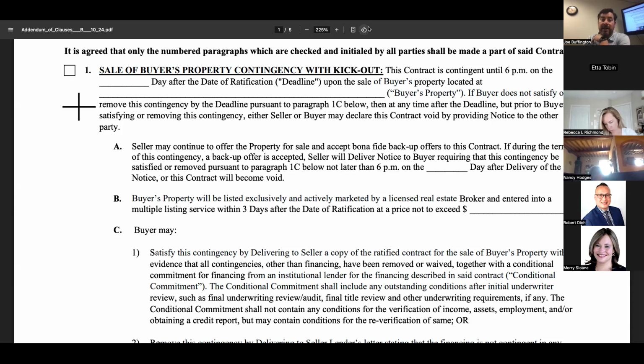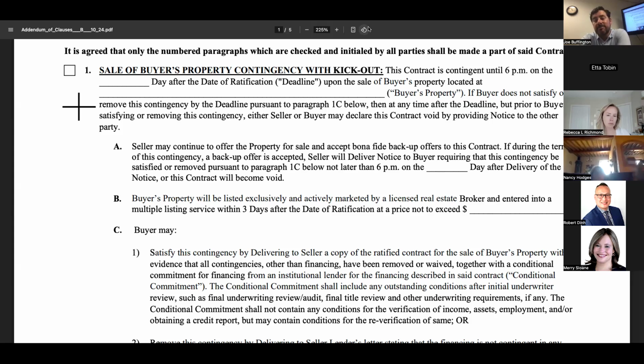Everyone knew a contract kick out was a home for sale contingency. We no longer have that, and a lot of properties wind up going in AC status, active under contract, whether they've got a kick out or not. And so you could absolutely put something in the remarks about that home for sale contingency.